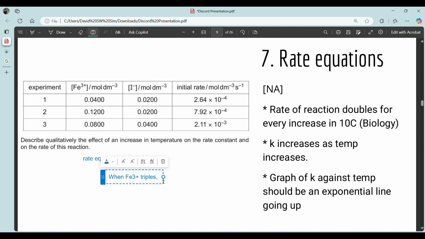If you want to verify it, you just take out your calculator and do 7.92 × 10^-4 divided by 2.64 × 10^-4. Basically, you will get 3.